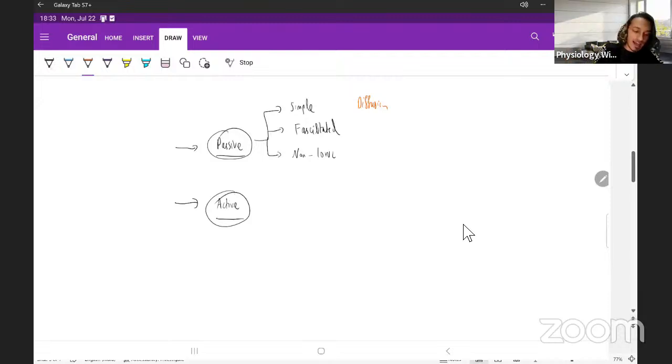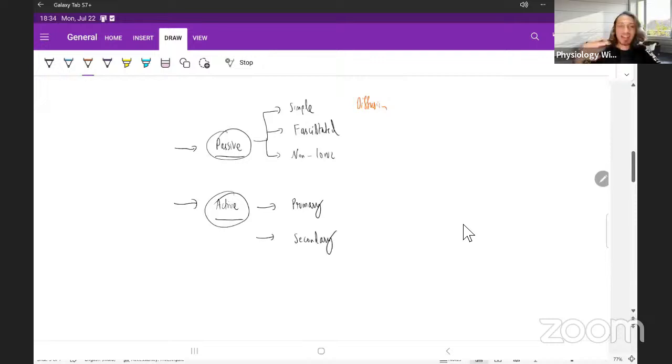On the other hand, in active transport, we have primary active transport and secondary. The main idea behind the difference between them is based on how they use the energy.